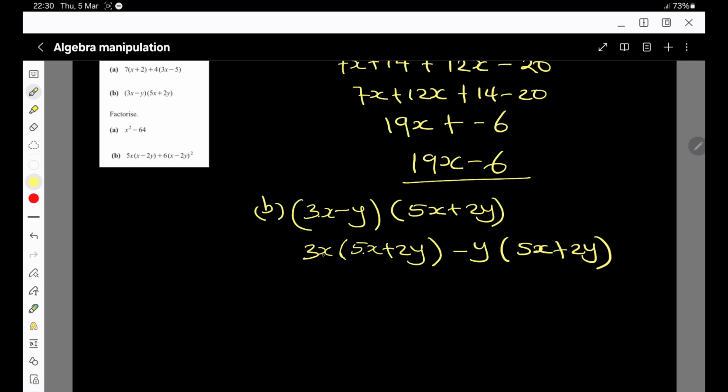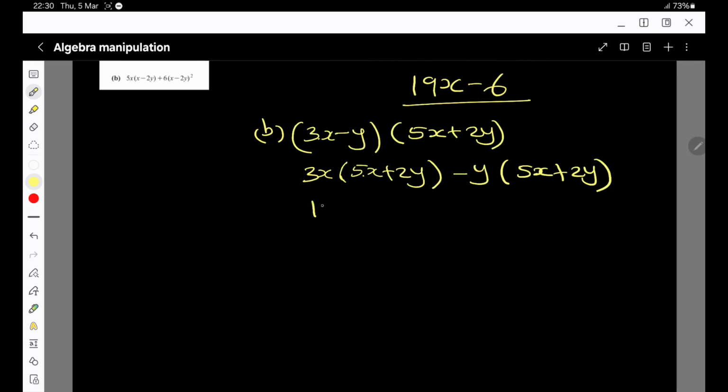So this would be 3x times 5x. So 3 times 5 is 15, x times x is x squared, plus 2 times 3, that's 6xy. Then minus y times 5x, that's 5xy. Then minus 2y squared. At this point, we can collect like terms.